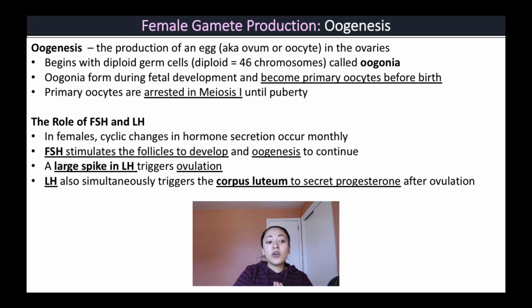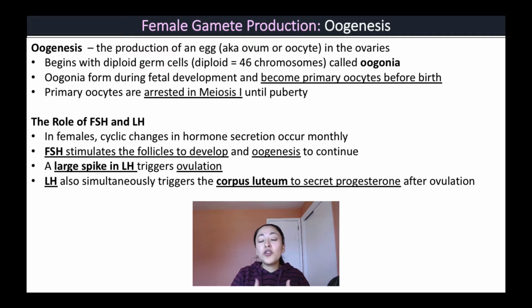After this spike, LH will also simultaneously trigger the remaining follicle cells within the ovaries to develop into what's called a corpus luteum. And this secretes a whole bunch of progesterone after ovulation. This progesterone is going to be really important in thickening the uterine lining and creating an environment capable of sustaining or feeding the implanted embryo.